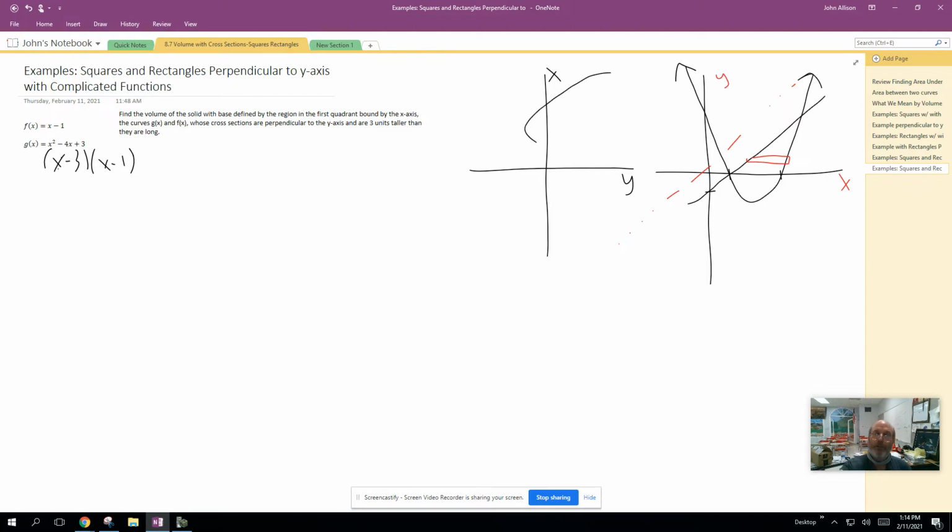That's going to turn this, where this is 1, and this is 3. And then we're going to have to figure out where this point is. And this is going to be the region I'm working with now.